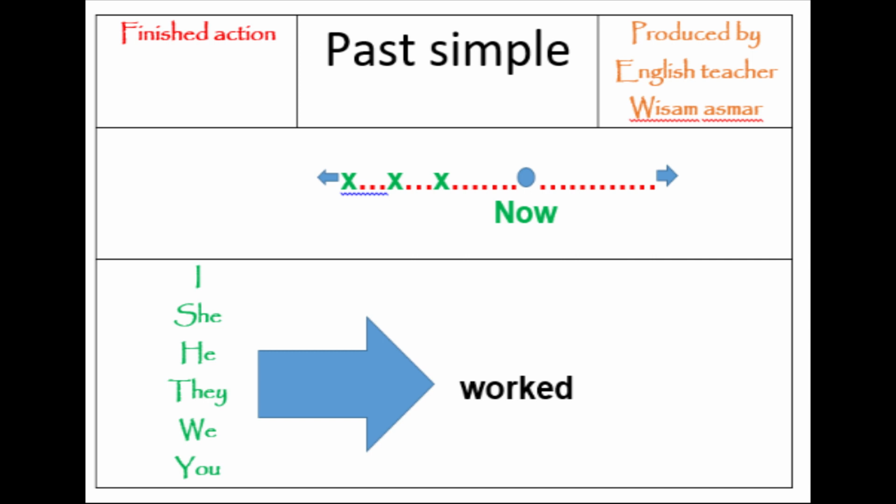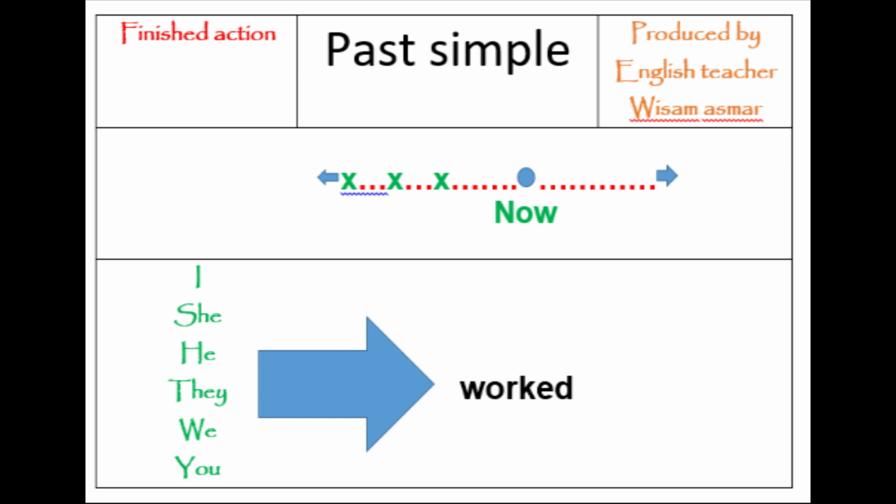So now let's look at a little sample of what this tense sounds like when we actually use it with a basic verb. I assure you it's so easy. Firstly, the past simple form. In the first place you will use a subject. It can be I, they, we, you, he, she.